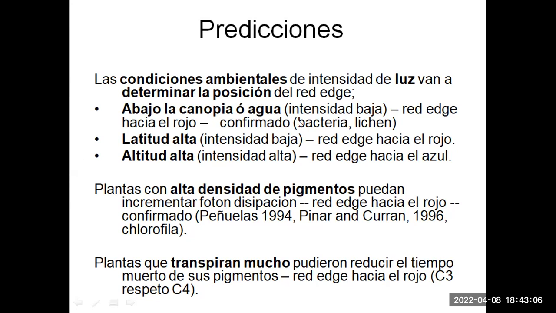And this, in fact, we confirmed in this bacteria and lichen. At high latitudes, where the intensity of light is also low, we can have the red edge moving towards the red. And this is still to be confirmed, but this is one of the predictions of our theory. And at high altitudes, where the intensity of the light would be greater, then this red edge would move towards the blue.